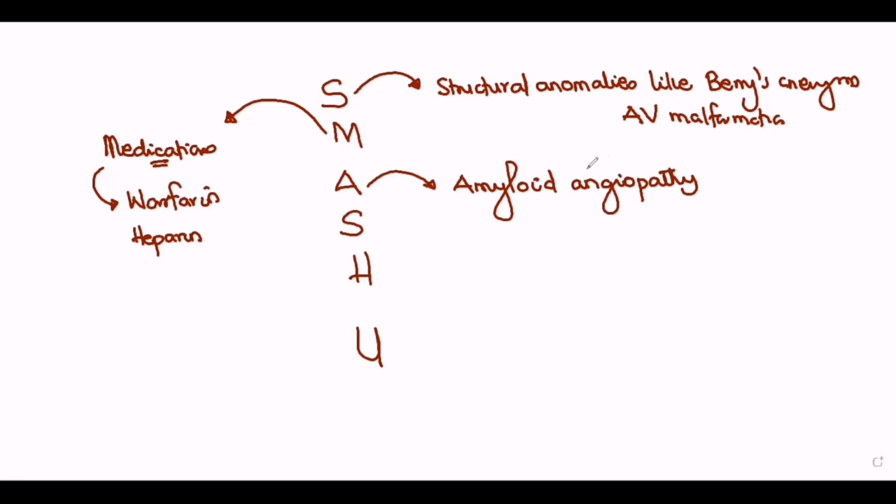And because it makes it weak, any rush or any pressure that the heart pumps, when that blood is moving with a little force, because the amyloid has weakened the blood vessel, it can leak its content, which is blood, into the tissue space. In which case, if the amyloid angiopathy has affected the cerebral vessels, you would have a bleed into the brain. Do you understand?